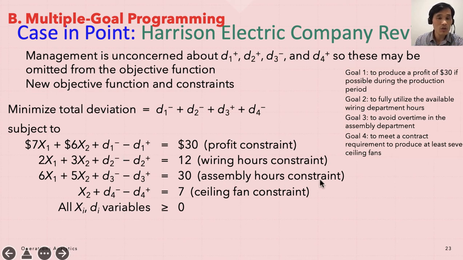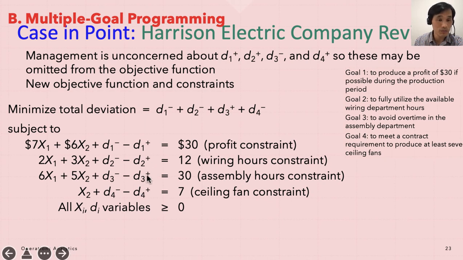And assembly hours constraint, again, you change the sign to 30, and you are concerned about overtime, and you want to minimize this overtime.